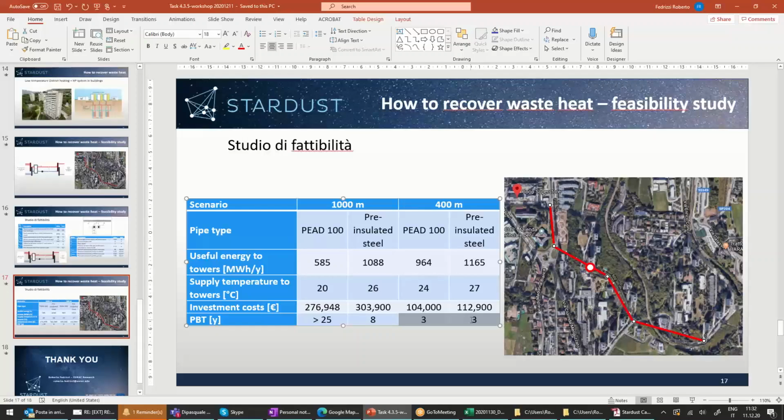We are in many European projects that are focused on district heating, and we have many practical examples in which supermarkets and data center companies are now providing waste heat to district heating.